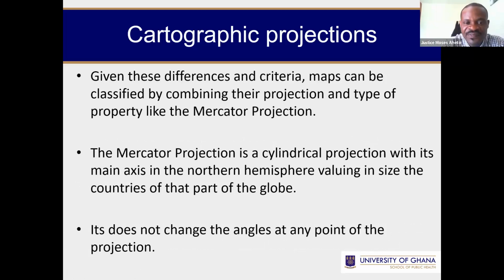Okay, so given these differences in how we will present the data, either in 2D or 3D, we can classify maps according to the projection and the type of property, like the Mercator projection, which is in terms of meters and kilometers rather than the other ones in the form of latitude and longitude.